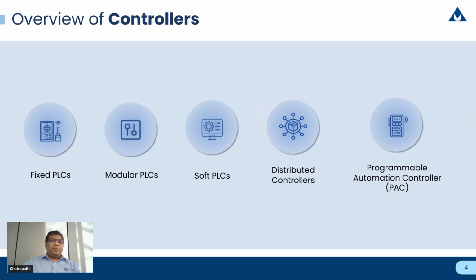And then distributed controllers. These are very complex distributed control systems consisting of several different controllers running in different locations of the plant, and each of these controllers is responsible for a specific process or specific subsystem within the overall architecture. This avoids any single point of failure.